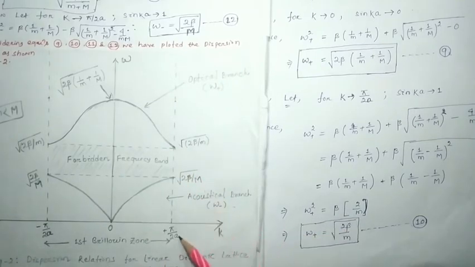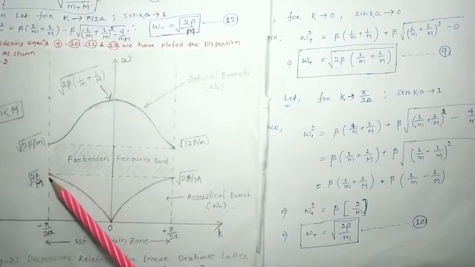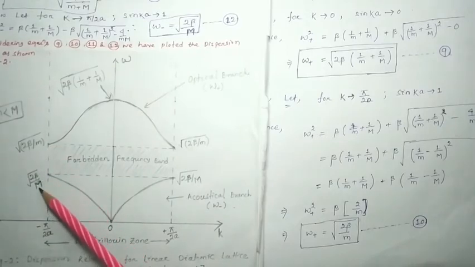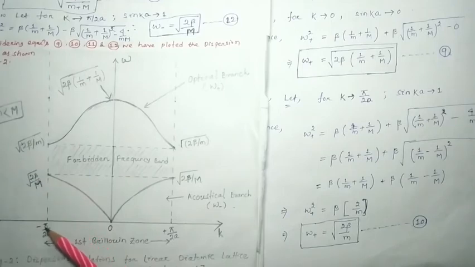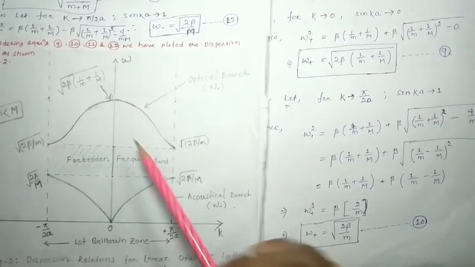Likewise, if we consider minus pi by 2a, we are also going to get the same value for omega minus and omega plus. So omega plus is the higher value than omega minus at minus pi by 2a and plus pi by 2a. So these 4 points we got in the graph.